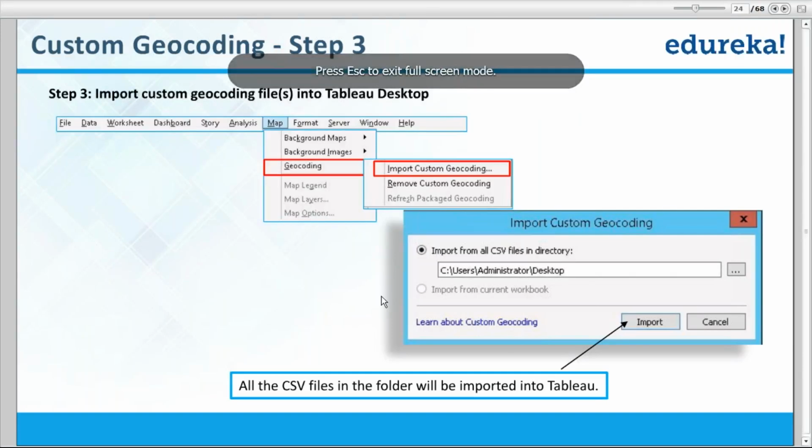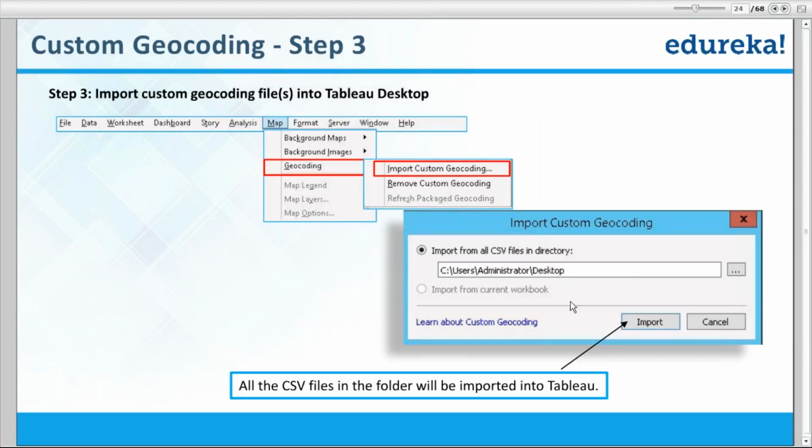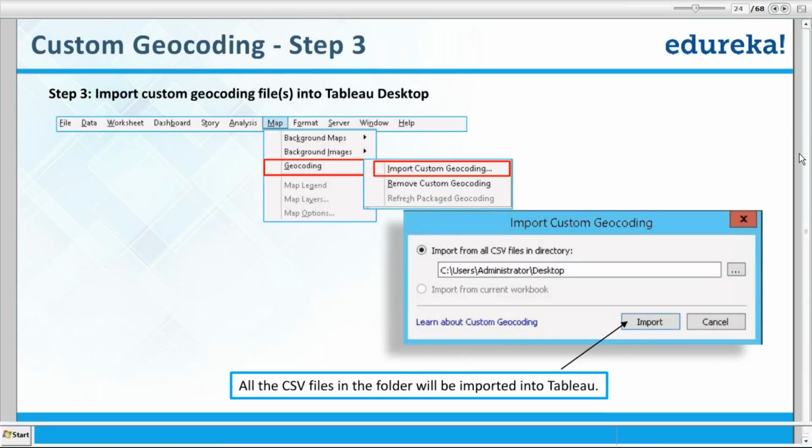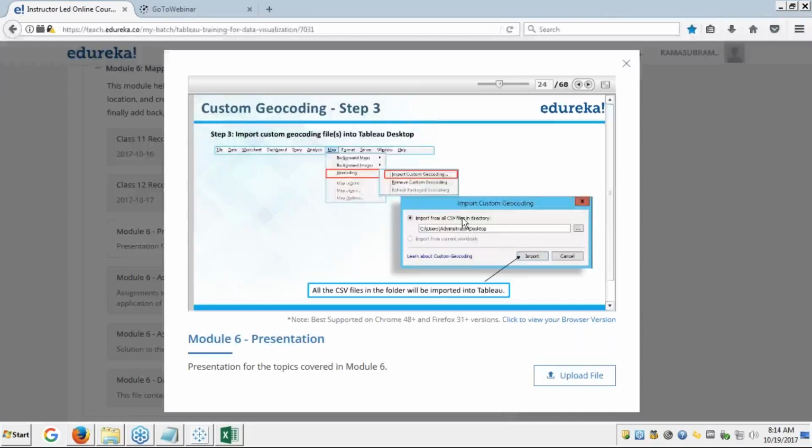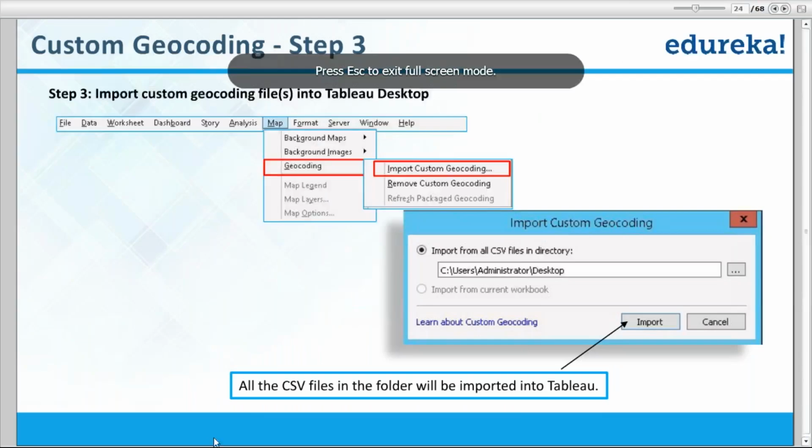So what happens is generally under this administrator folder and desktop there, are you the admin for the system? It's not your office laptop, right? You are the admin here. Okay. So maybe you can just create a... yeah, I can open the CSV file, but I'm not able to see it here.